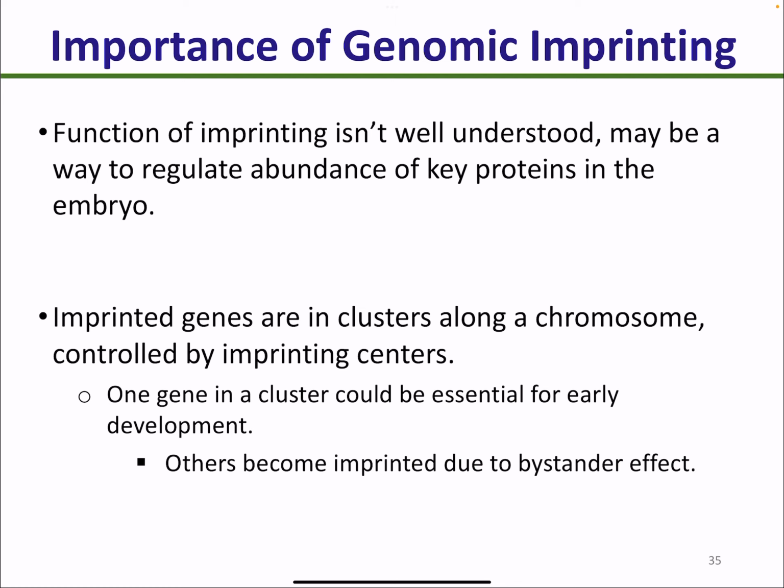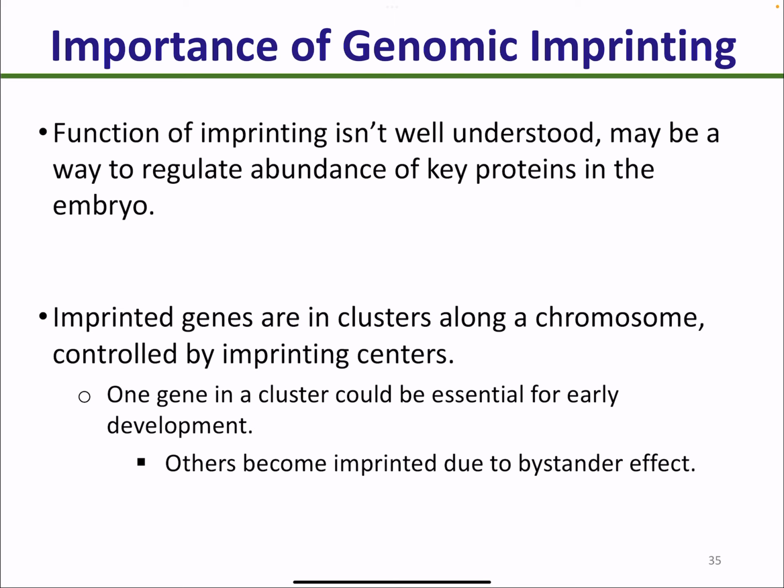Okay? So, what is the importance of genomic imprinting? Genomic imprinting is going to become particularly important during the development of an embryo. Okay? So, during the development of an embryo, some parts are going to start differentiating to develop some organ systems, while other parts will differentiate into some different organ systems.